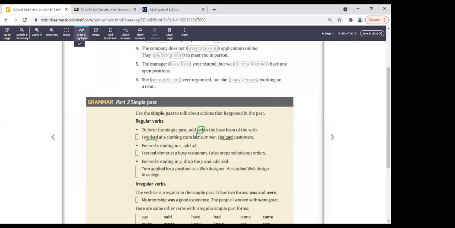No. It's still ed. Helped is always ed. There's something else we can add. Mansoor? ied. Okay, so most verbs will just add ed: work, worked, help, helped. Some verbs will change to ied. Why do you do that, Mansoor?